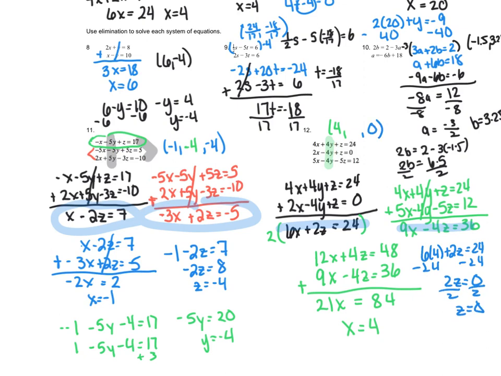And my last thing is to find y. So I can go to any of the 3 original ones and find y. So 4 times 4 plus 4y plus 0 equals 24. So we minus 16. So 4y equals 8, y equals 2.